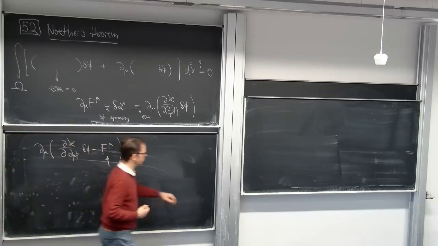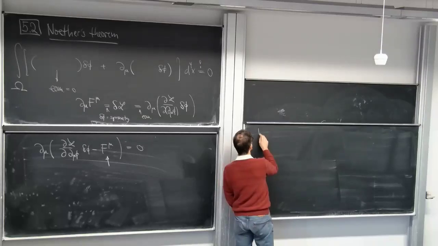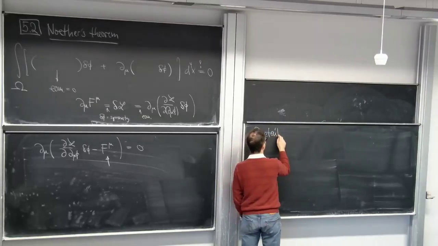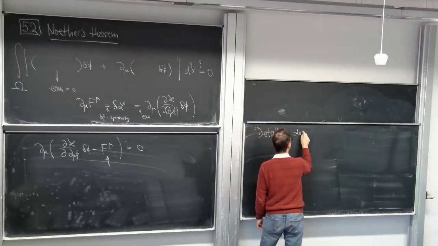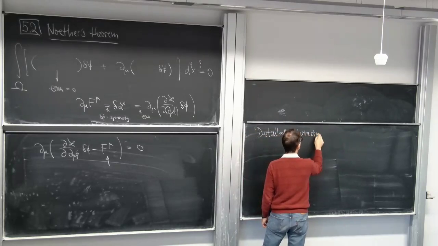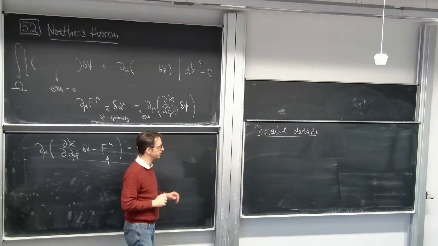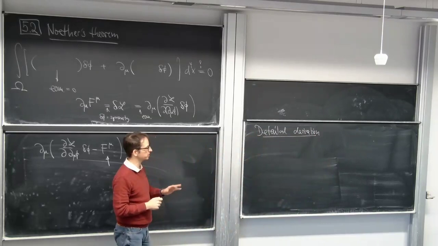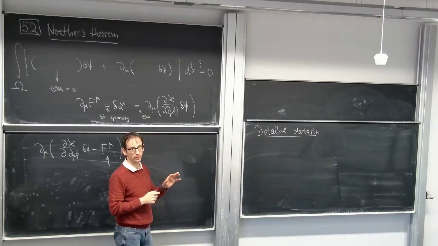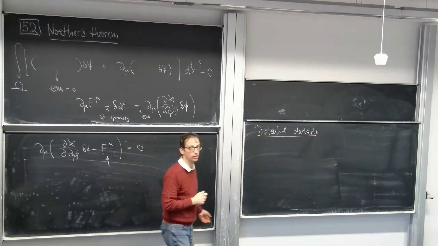Let's use a fresh blackboard and do the detailed derivation. After this, three examples for the complex scalar field: translations as a symmetry, Lorentz transformations as a symmetry, and, that's why I picked it, the phase rotations to find the charge conservation.